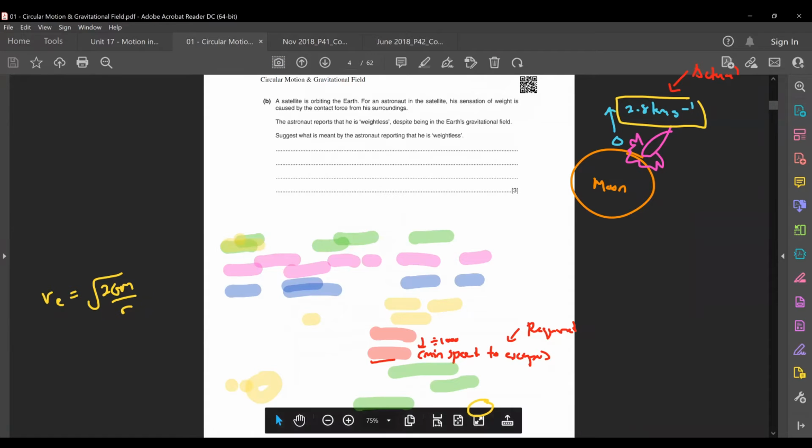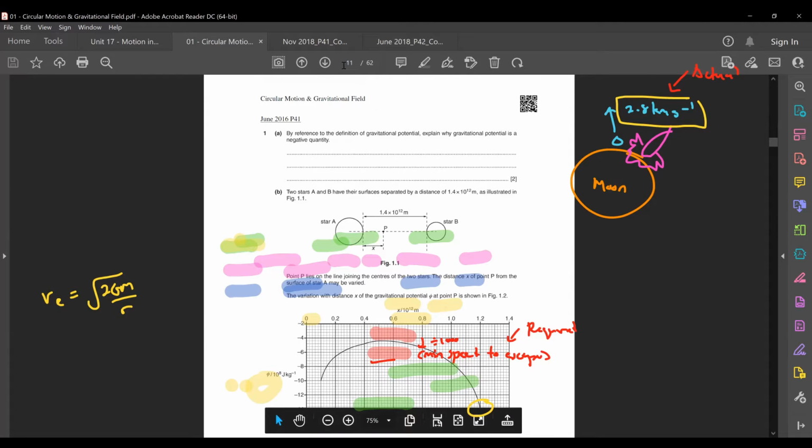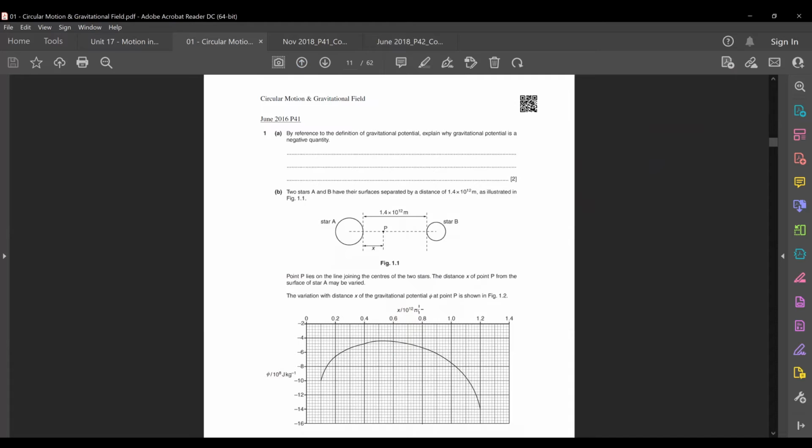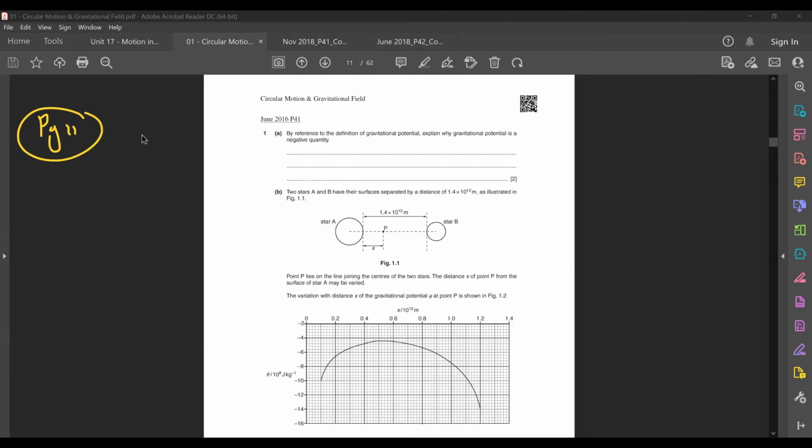Okay, wait on, just let me find out the question. It's either page 11. Yeah, page 11. So just have a look at page 11, June 16 P41. Yeah, just have a look at June 16 P41.